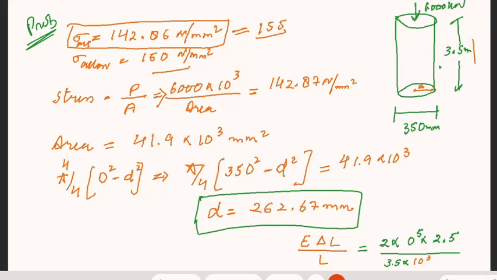And we wanted to know how much should be the thickness. Now, if you want to calculate the thickness of this hollow cylindrical column, you can simply do that, right? Thickness can be calculated as 350 minus 262.67.